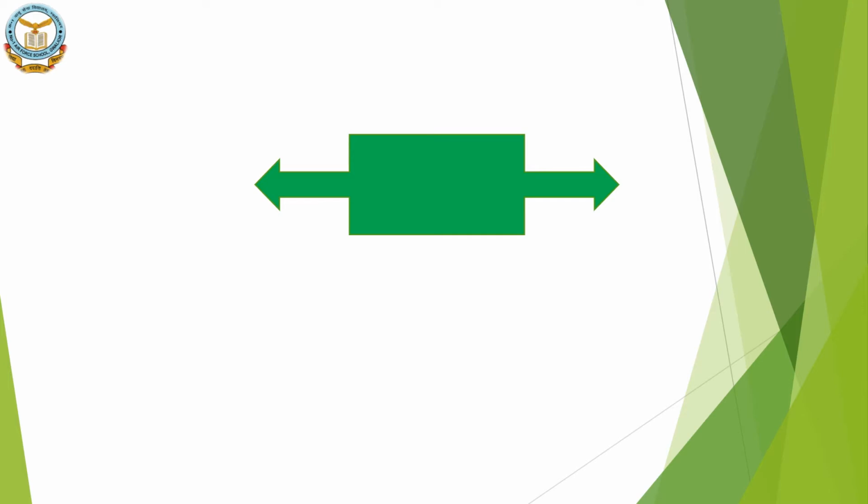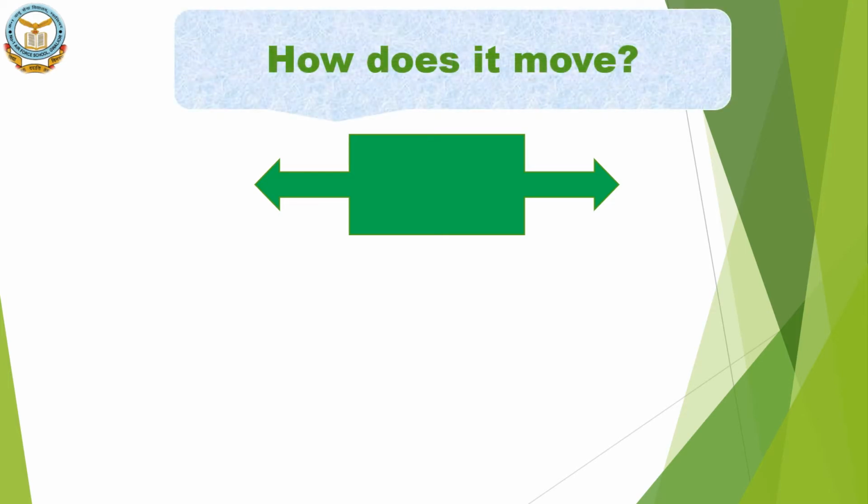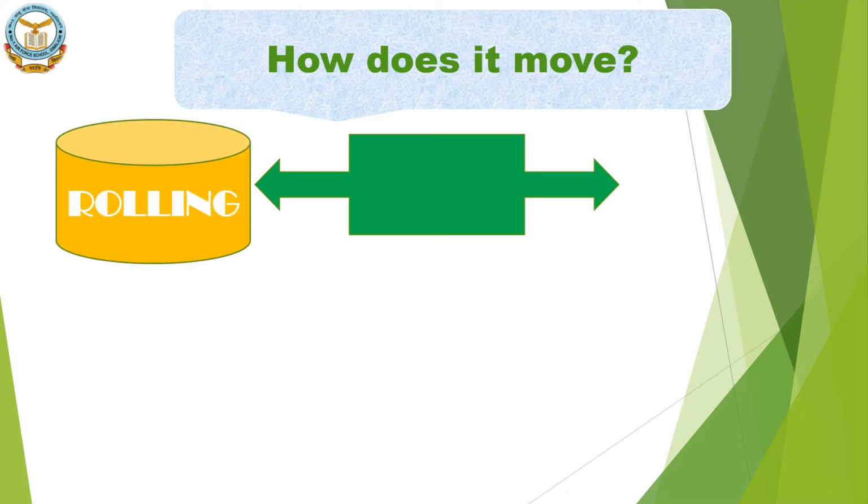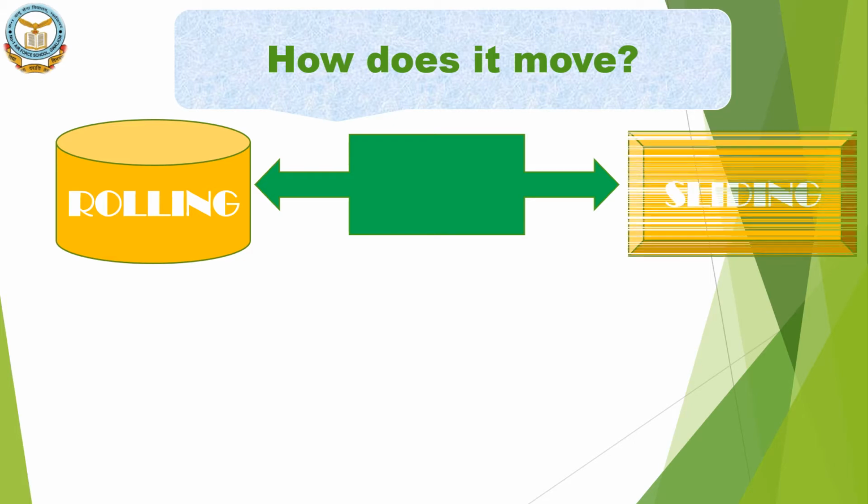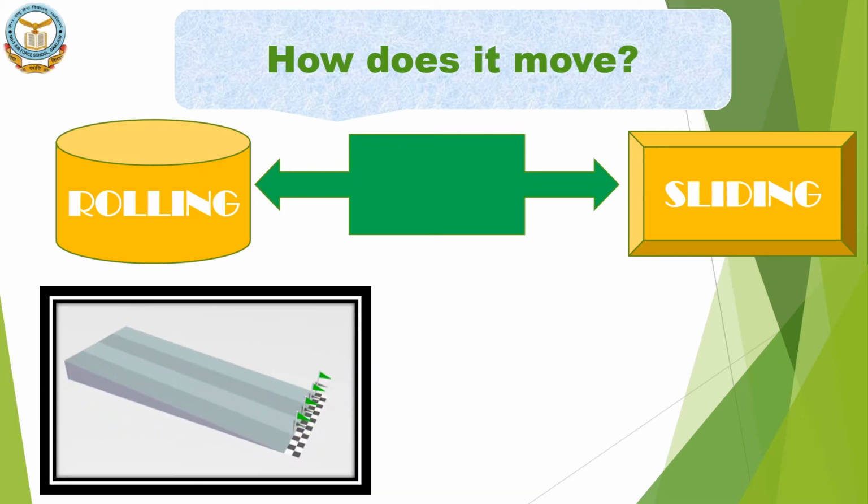Let's move to our next subtopic from this chapter. That is how the things move. Children, basically there are two types of movements. First, rolling. In this movement, objects roll over the surface as you can see in the picture.